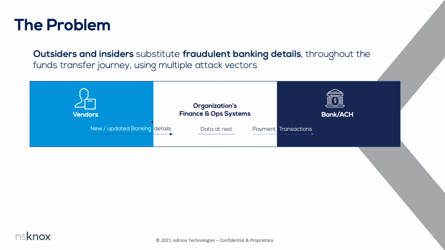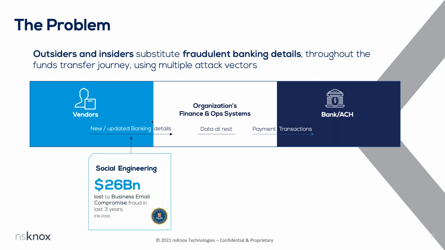When you do that, you enter data in your system, in your vendor master file, and it now becomes data at rest. And finally, when you get these invoices, you group them, process them, approve them into payment proposals and payment runs, and turn them into payment transactions, which go out to the bank or the clearinghouse.